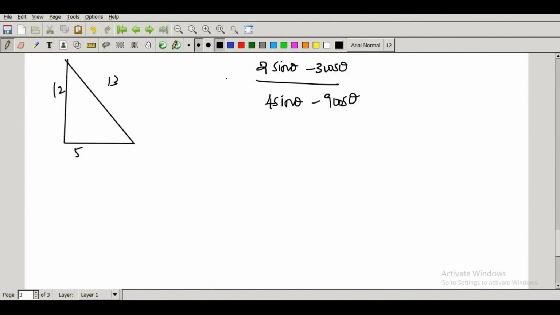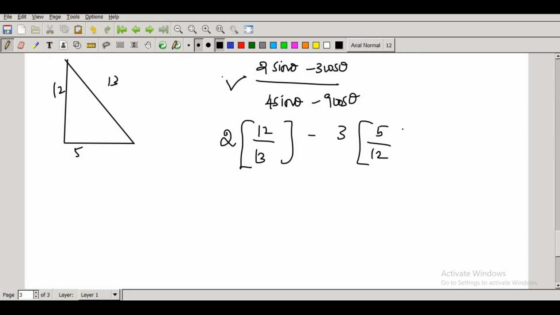Now I'm going to find the value of this particular expression. We have 2 sine theta. Sine theta is given by the ratio of opposite and hypotenuse, so it is 12 divided by 13, minus 3 times cos theta. Cos theta is given by adjacent divided by hypotenuse, so adjacent is 5 and hypotenuse is 13.